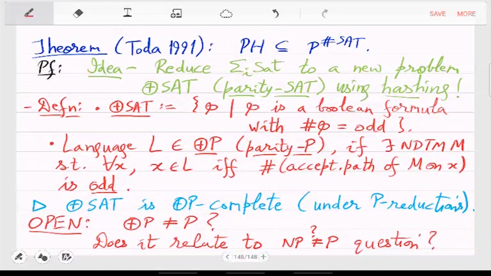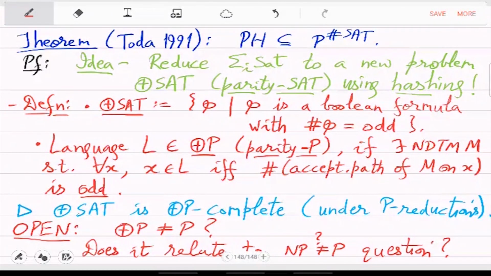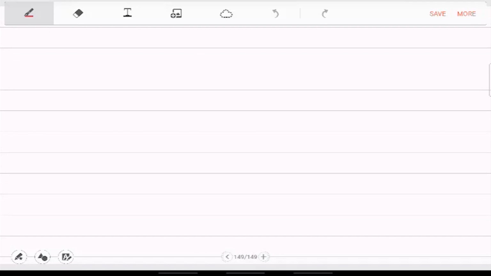Or if we show parity P is not P, does it mean NP is not P? Right, because this is only mod 2 counting. From mod 2 deducing exact 0 or non-zero, that we don't know. It's not very clear just from the definition. So let us continue exploring this.